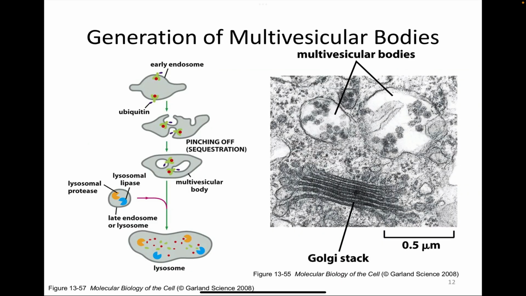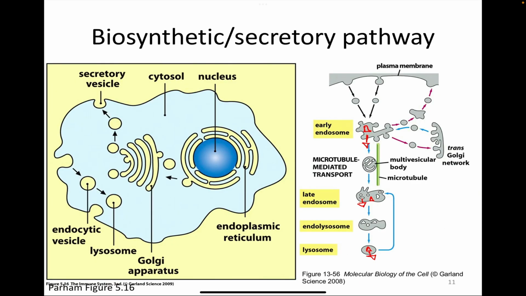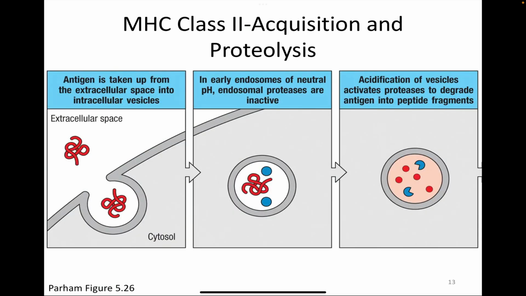Because as we go from early endosome to late endosome to lysosome, we have more and more acidity. So we have decreasing pH throughout that time. And as we get more and more acidic, that automatically starts to denature the protein. So you can see we have acidification of vesicles.